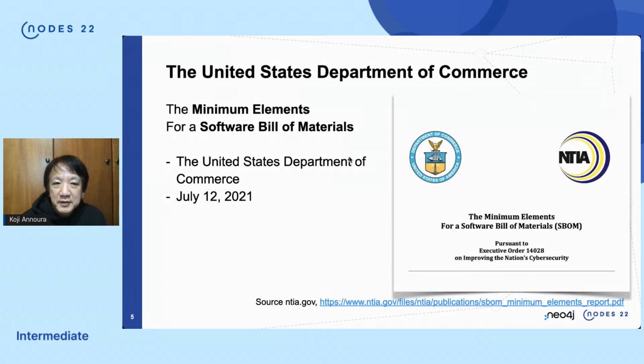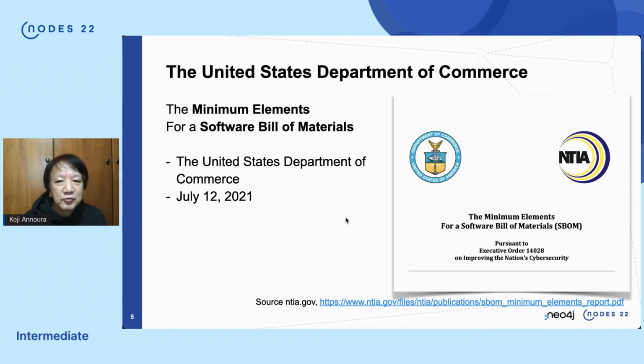Okay, this is a paper from the United States Department of Commerce. The title is Minimum Elements for a Software Bill of Materials, published on July 12, 2021. It's about a 30-page PDF.